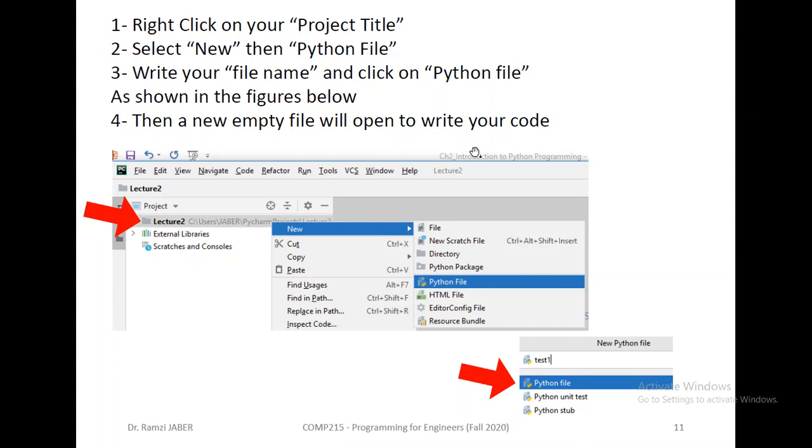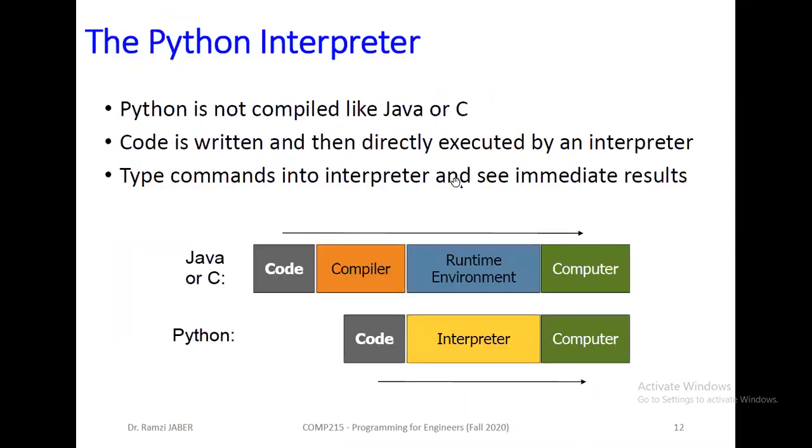Good. Now, what is the difference between the Python interpreter and the compiler? Python is not compiled like Java or C or C++.